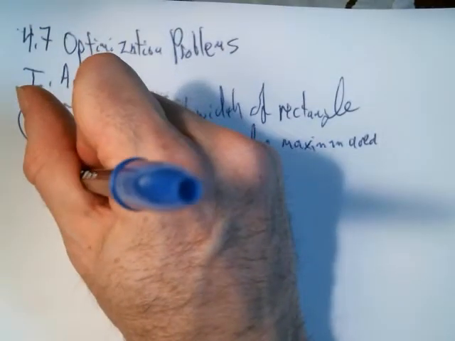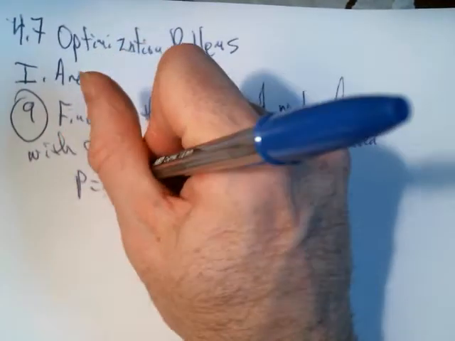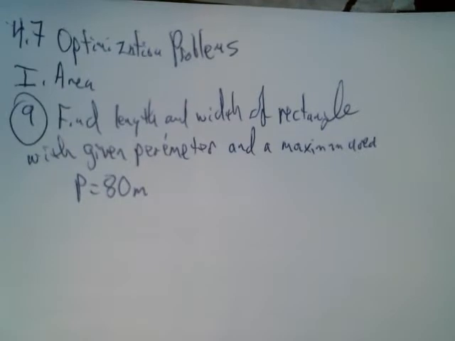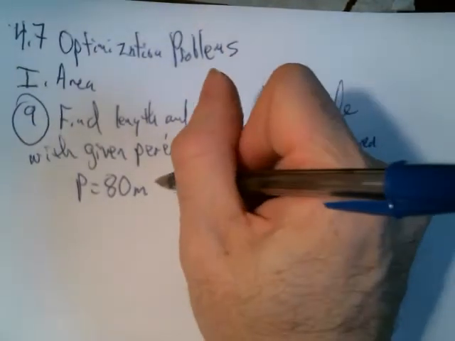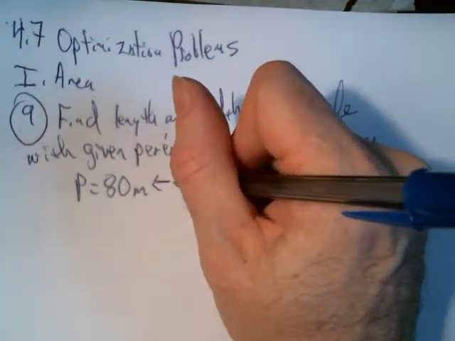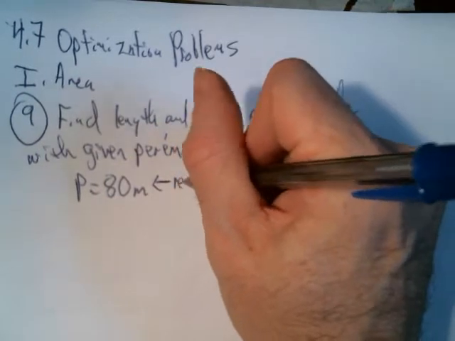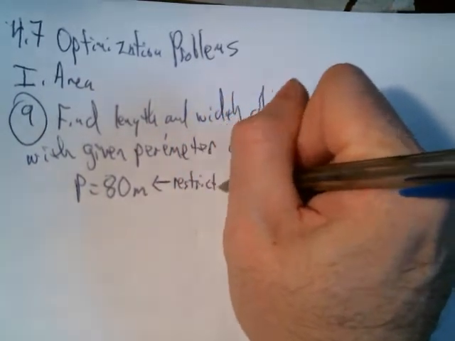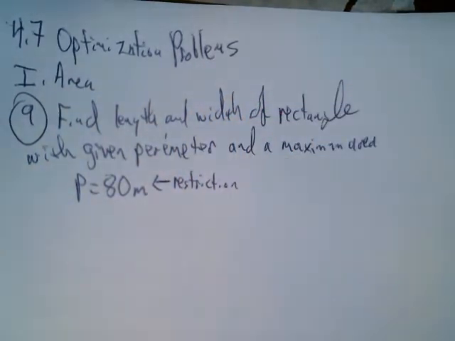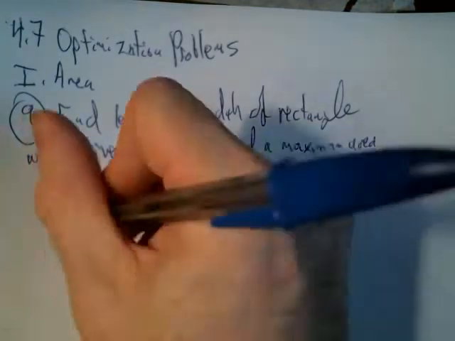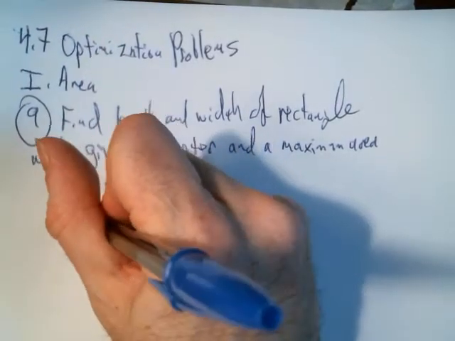Okay, the given perimeter is 80 meters. Okay, so this is our restriction. And the formula we want to optimize, of course, is the area formula.